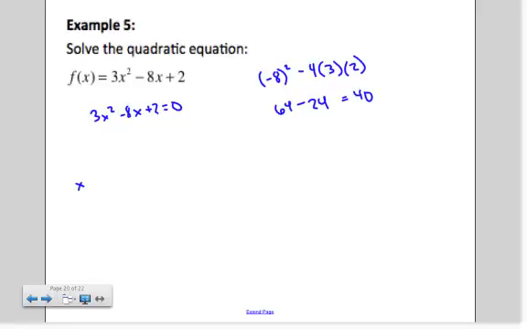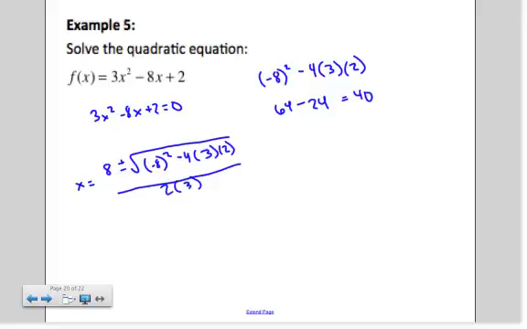So x equals negative b plus or minus the square root of the quantity b squared minus 4ac, all divided by 2 times a. All right, so that equals 8 plus or minus the square root of 64 minus 24 over 6.